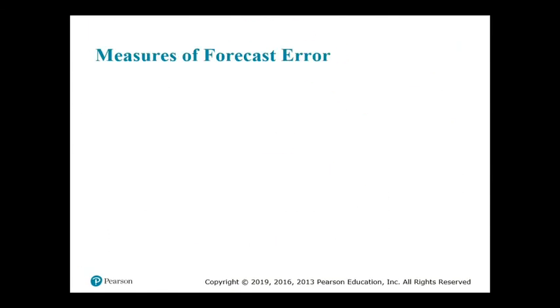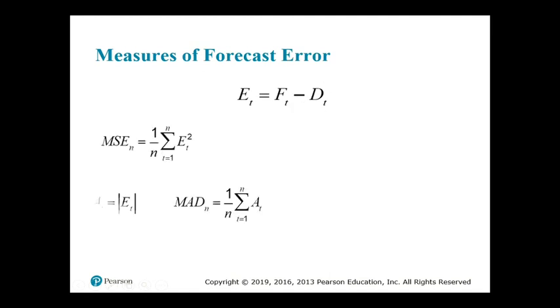And then, to measure the forecast error, once we're able to measure the forecast error, we can determine the accuracy of the forecasting methods and compare between different methods. All the measures of forecast error are somewhat based on this error term, which is the difference between the forecasted amount and the actual demand. The most commonly used forecasting measure is the mean squared error.